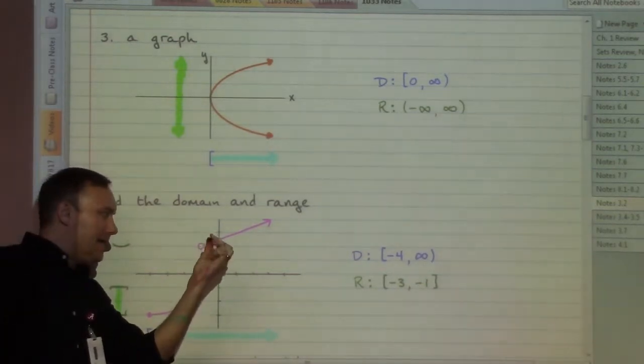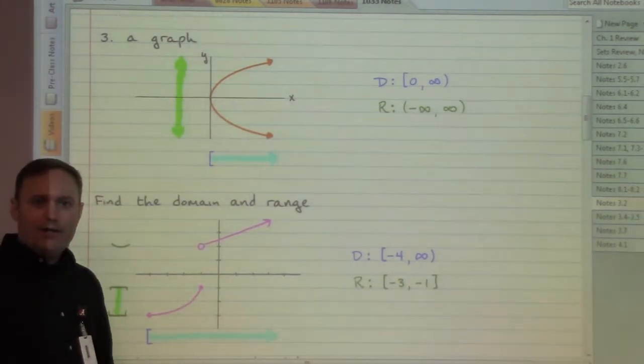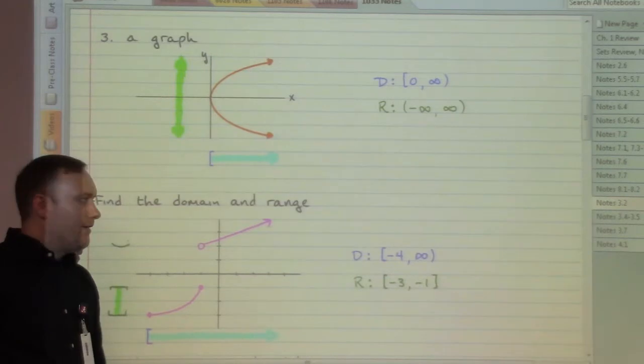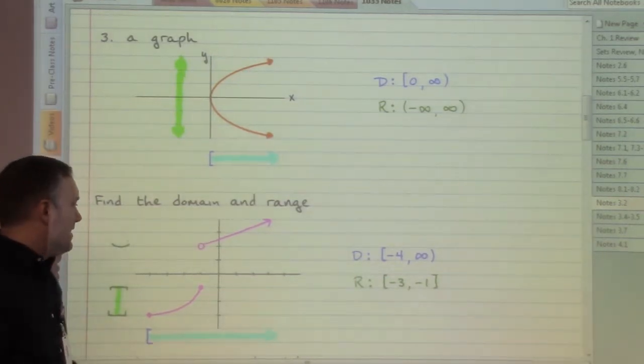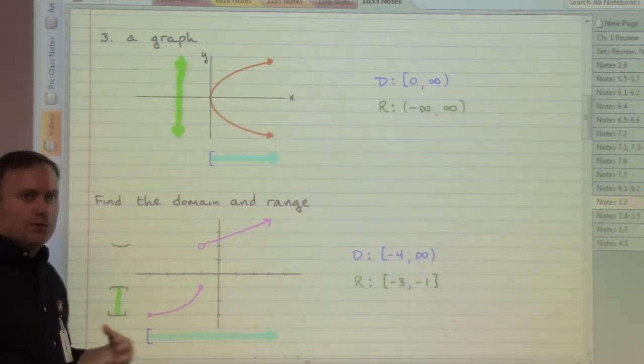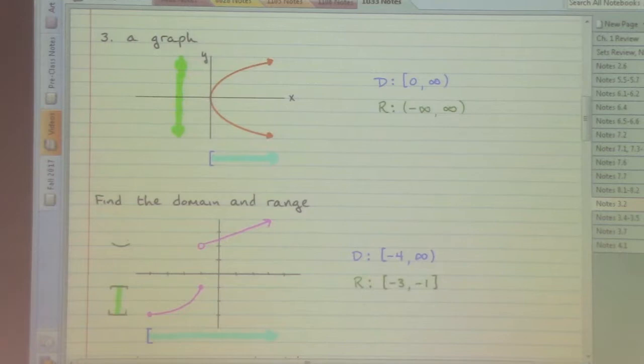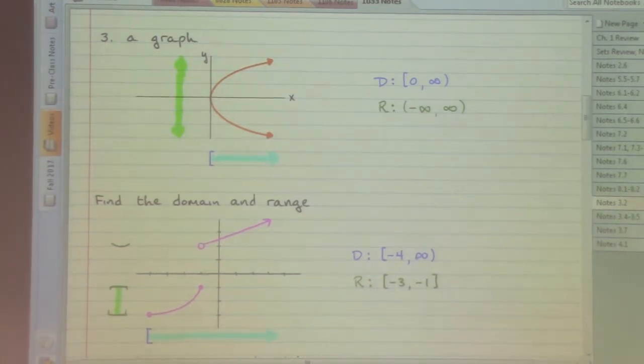I can't land in that circle. There's nothing to physically land on. It's empty. Whew, fall right through. Bottomless pit. So I can't land on that. So I'm using a parenthesis here to represent that that's not included. That particular number where y is a 2, that is not included.